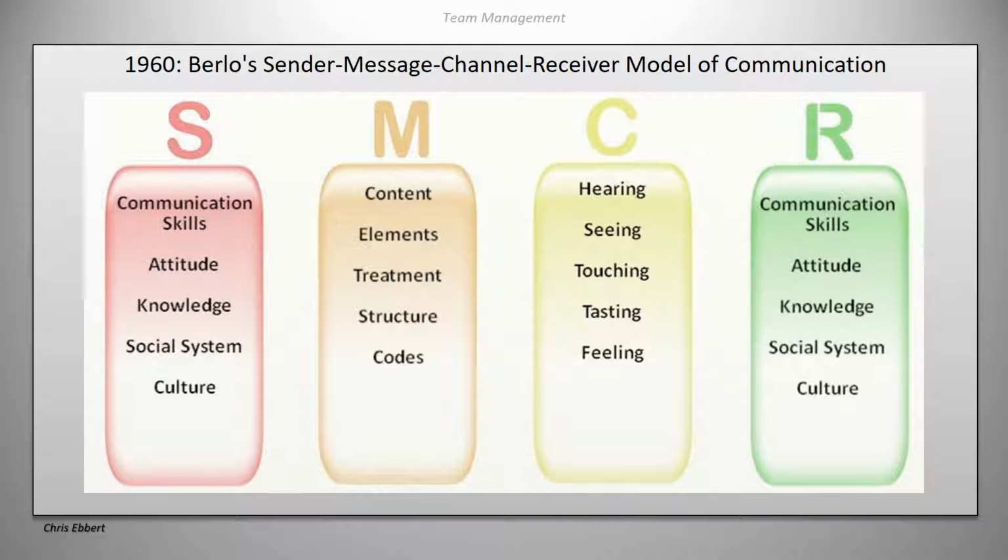The sender and the receiver both have their communication skills. They both have attitudes, they both have knowledge, they both have a social system they come from, and they both have a culture they come from. And the sender and the receiver need to be mutually respectful of these so that they come through.